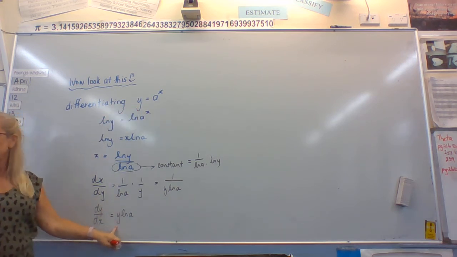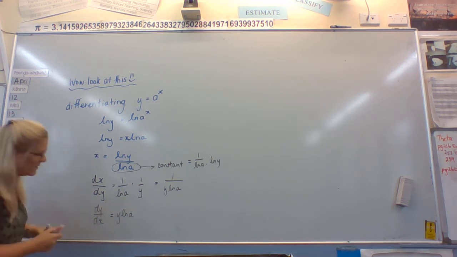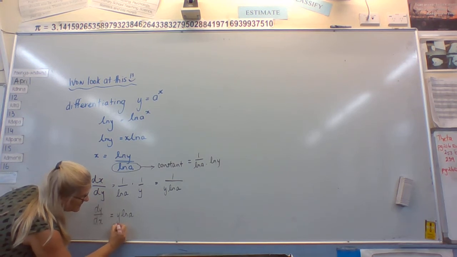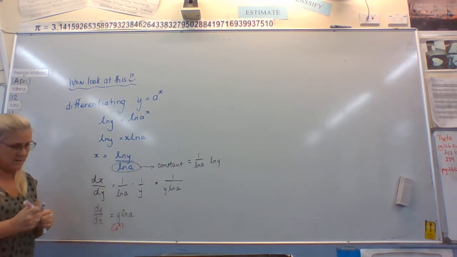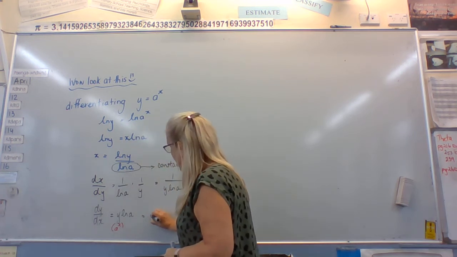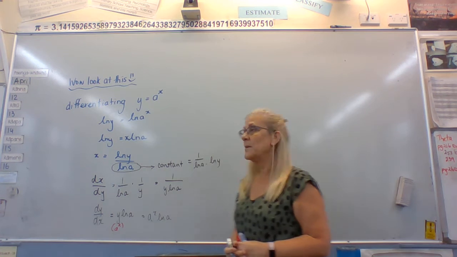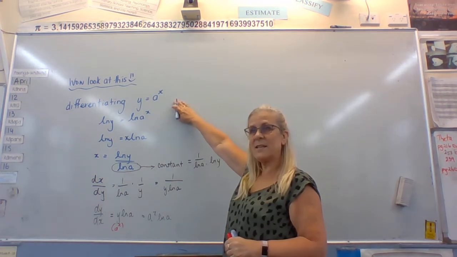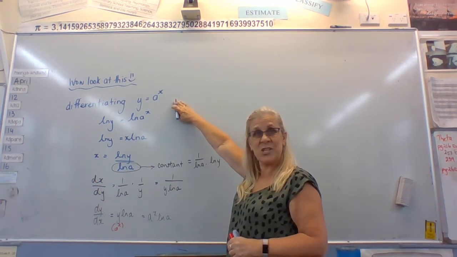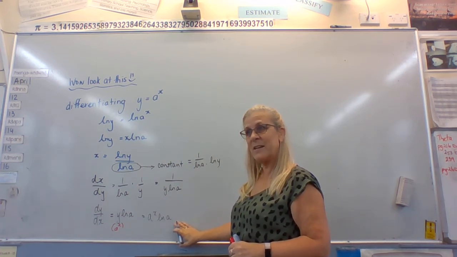So down here, it's the same thing. y is still a to the x. So therefore, we get a to the x ln of a. So y equals a to the x differentiates to a to the x ln of a.